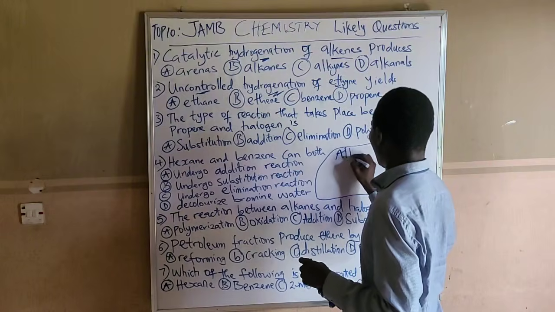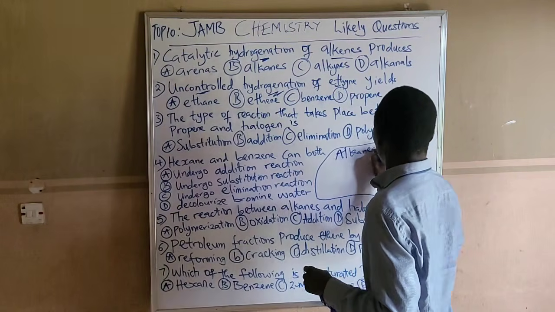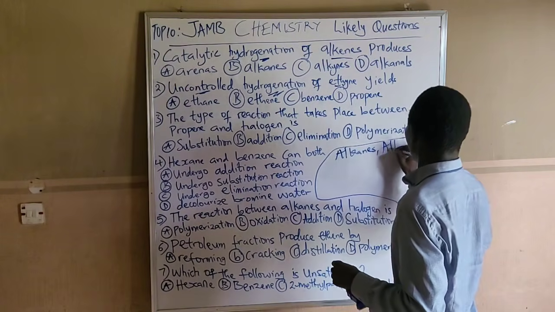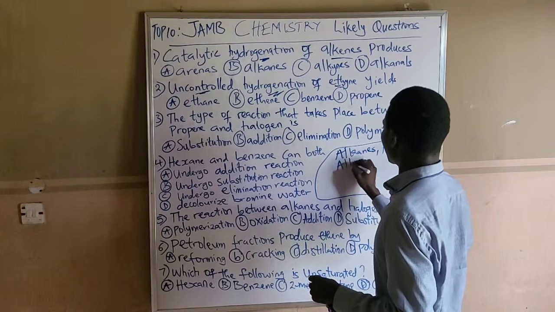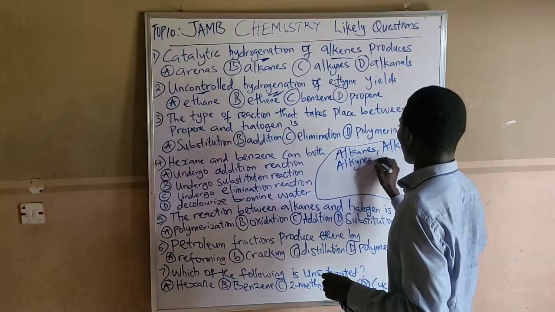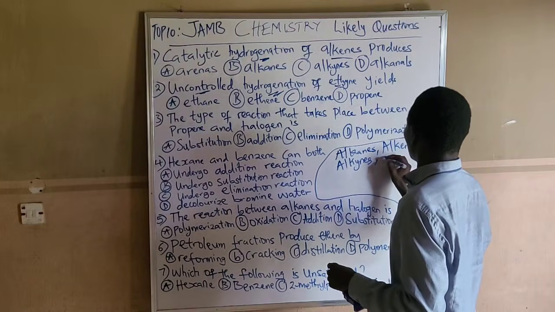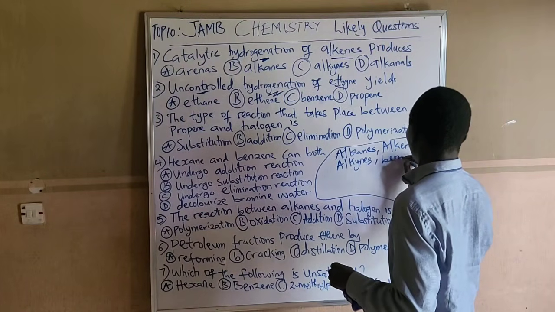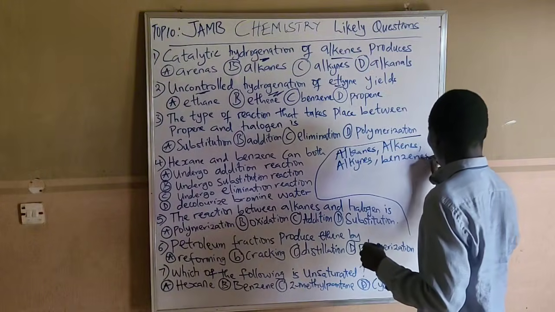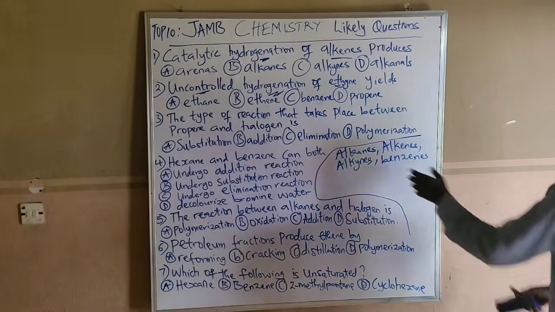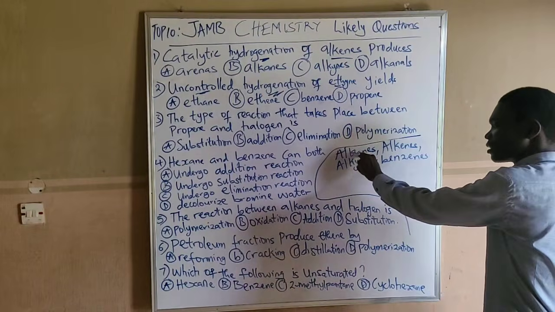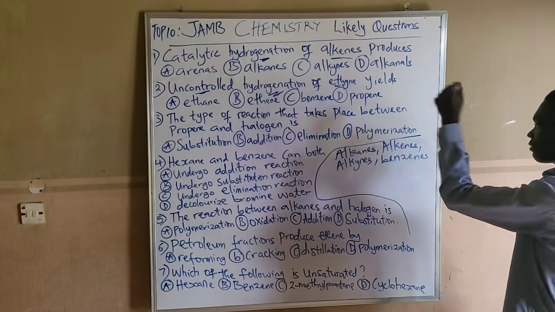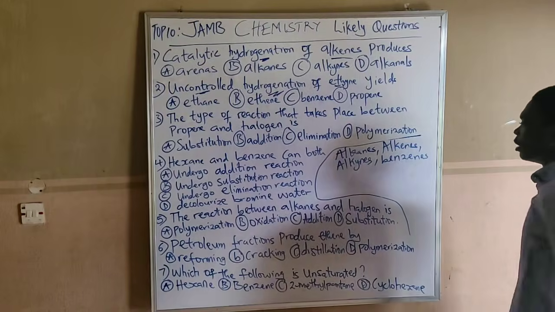We have alkanes, alkenes, alkynes, and benzene. As we have alkanes, we also have the cyclo form of alkanes, and as we have alkenes, we also have the cyclo form of alkenes.